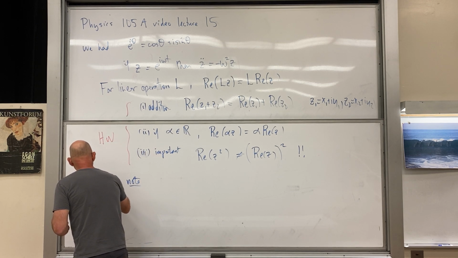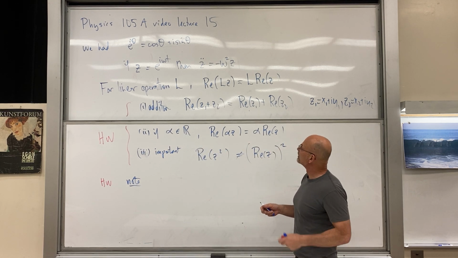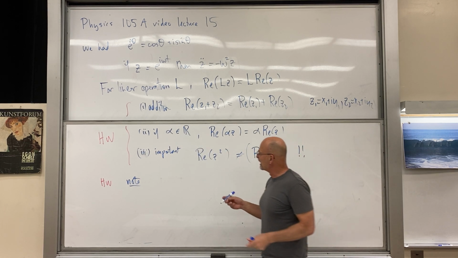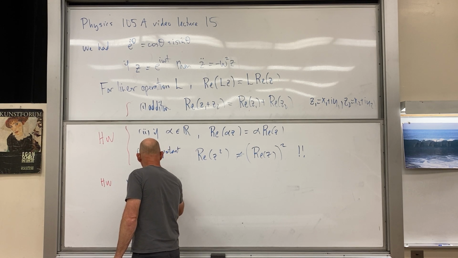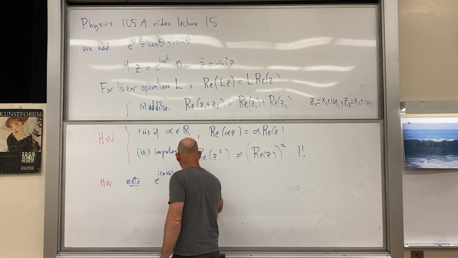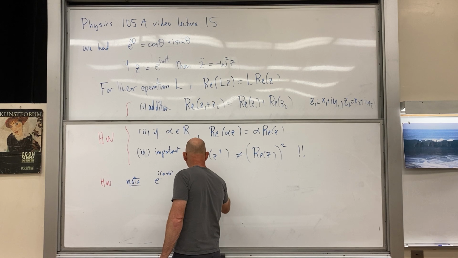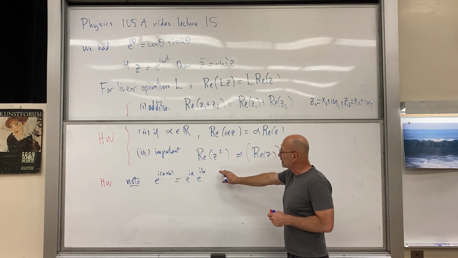Because we have this Euler relation up here, we have e to the i(a plus b) is equal to e to the ia times e to the ib. Okay? So you can use this.